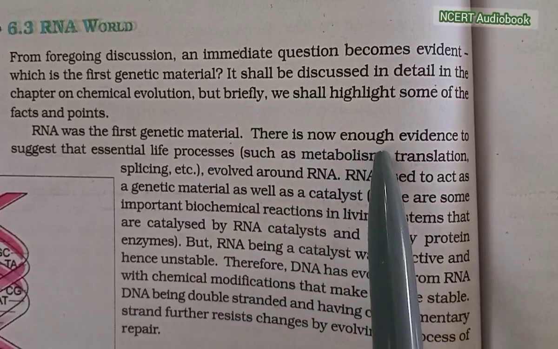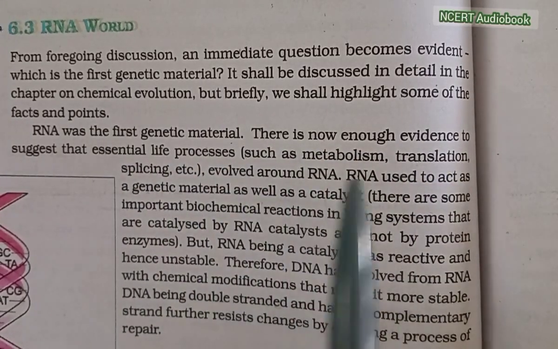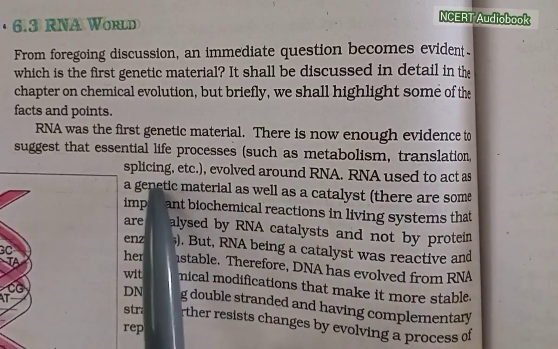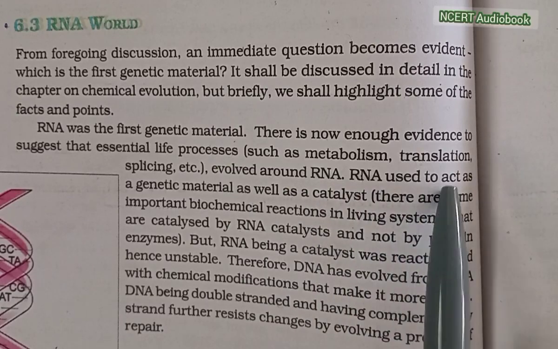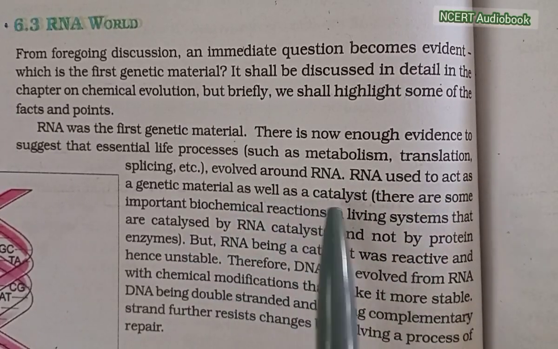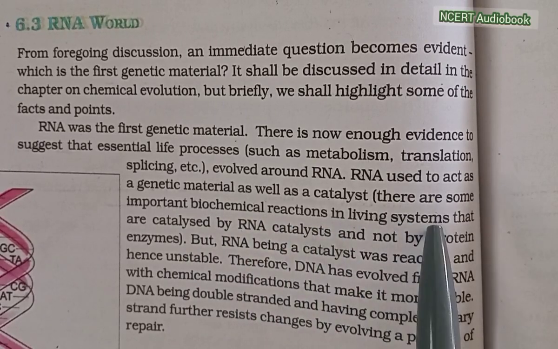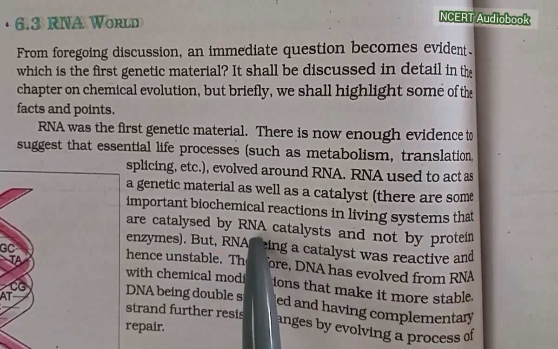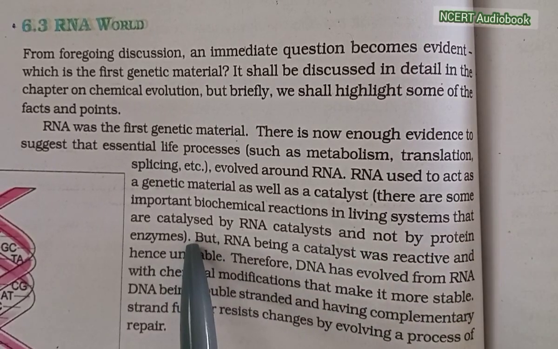There is now enough evidence to suggest that essential life processes such as metabolism, translation, splicing, etc., evolved around RNA. RNA used to act as a genetic material as well as the catalyst. There are some important biochemical reactions in the living system that are catalyzed by RNA catalysts and not by protein enzymes.